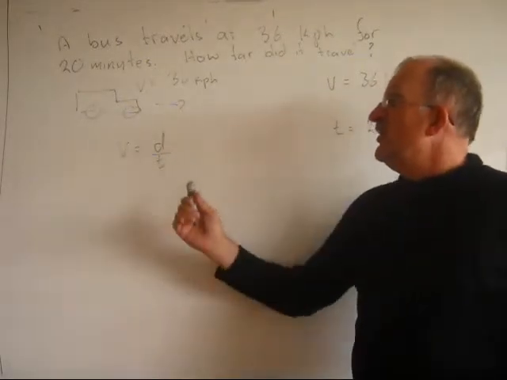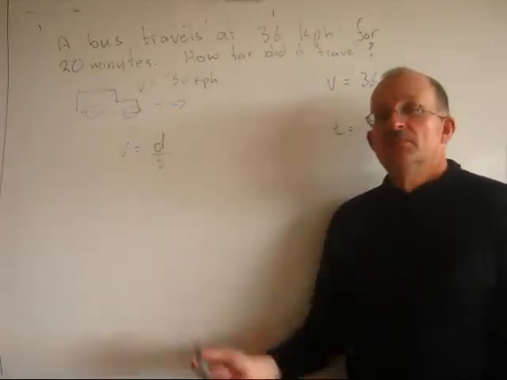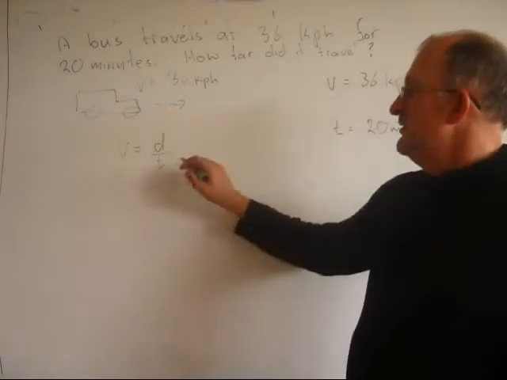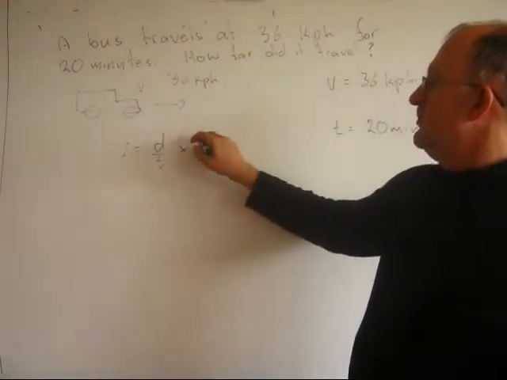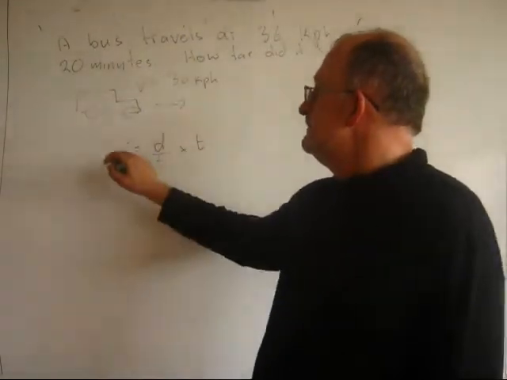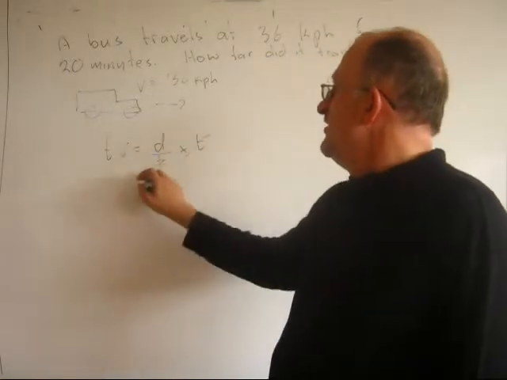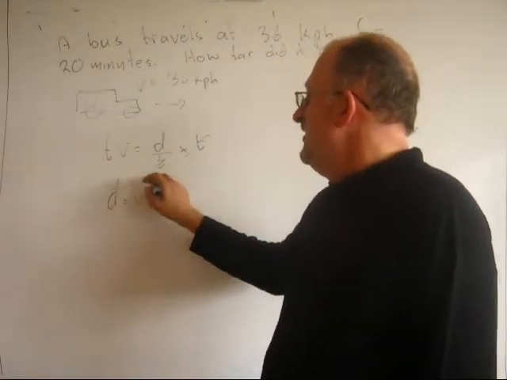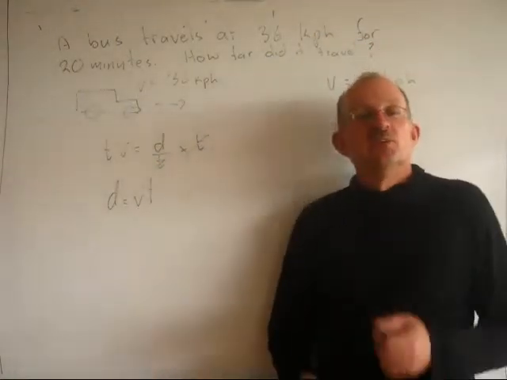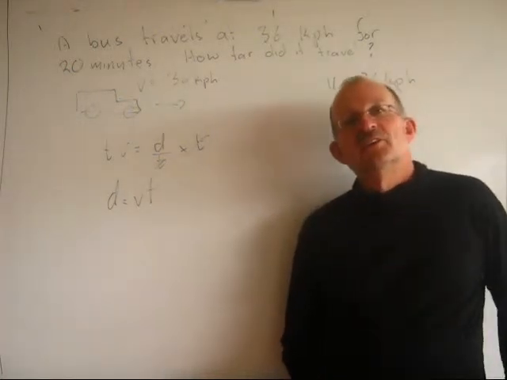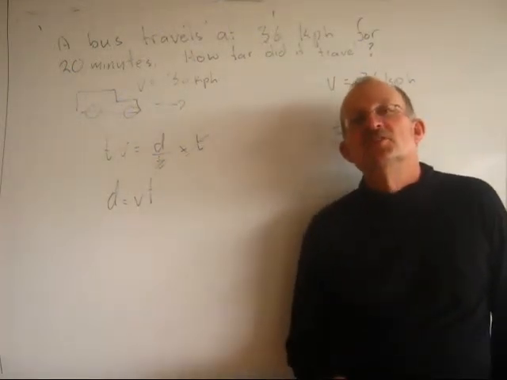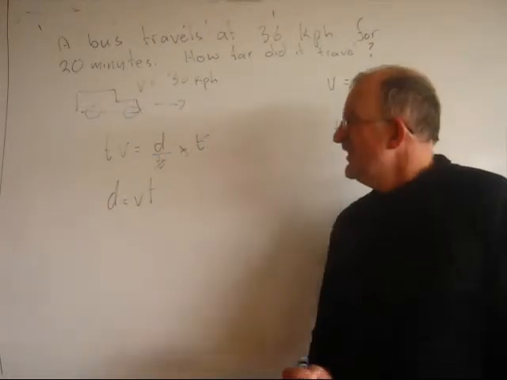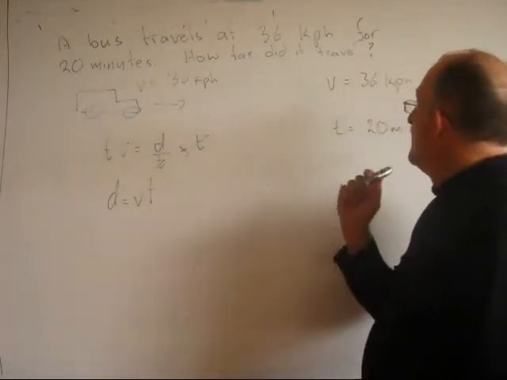I want to find out D, so I'm going to multiply both sides by T. Cancel, so D is equal to VT. If you're not familiar with rearranging, then look at the videos I've posted earlier on rearranging. They're lesson 0, how to rearrange equations.